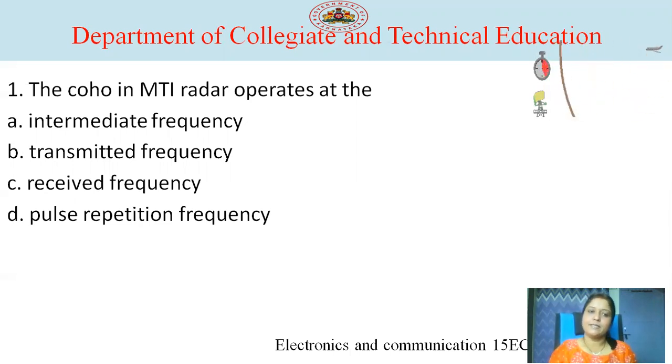Let's try to answer this. Which is the correct option? Yes, it is option A, that is, the Coho in MTI radar operates at the intermediate frequency.